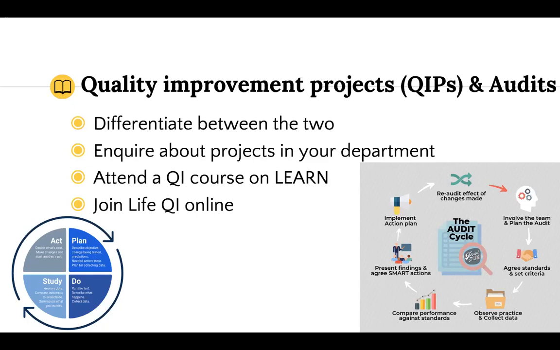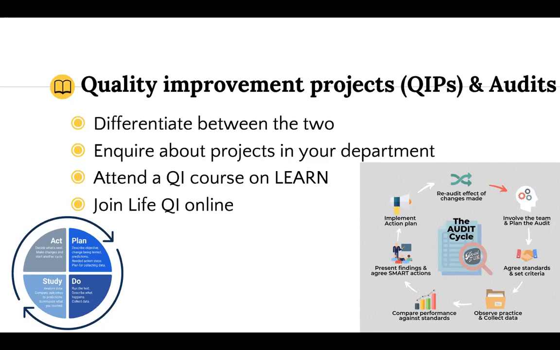Something that I found really useful was I attended a quality improvement practitioner course on Learn. You can just go onto there and search quality improvement practitioner course and you should find it. I was part of the first ever cohort, and I know they are having another practitioner course in November.